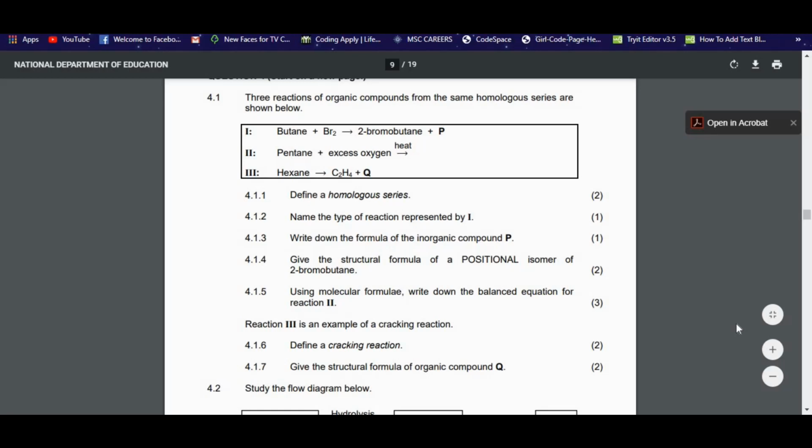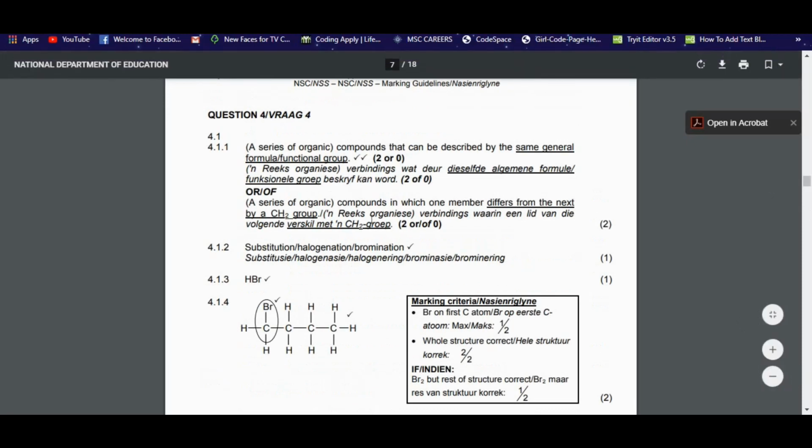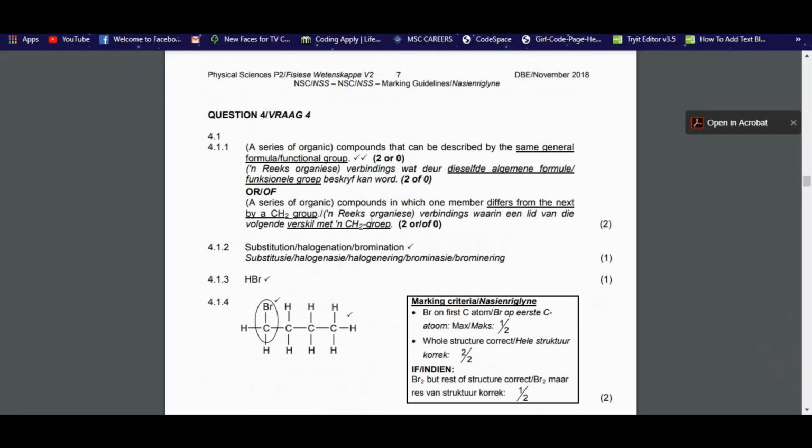The first question, 4.1.1, is to define a homologous series. Now this is just a definition, so I'll show you the definition because you actually have to learn it. A homologous series is a series of organic compounds that can be described by the same general formula or by the same functional group.